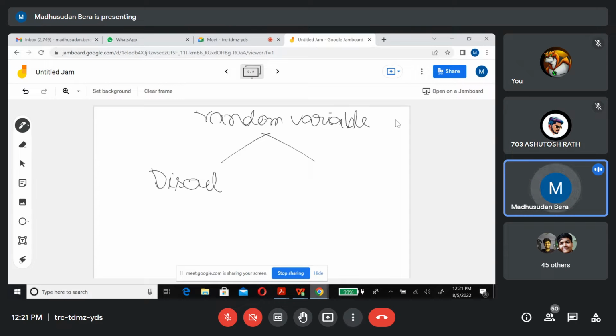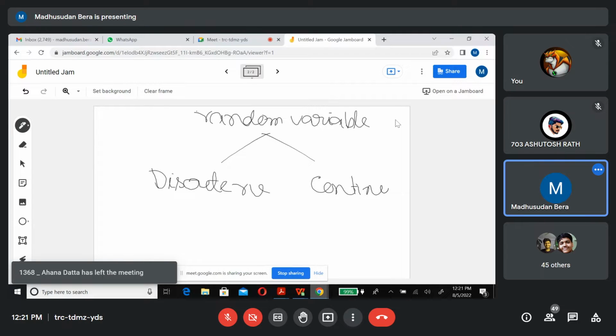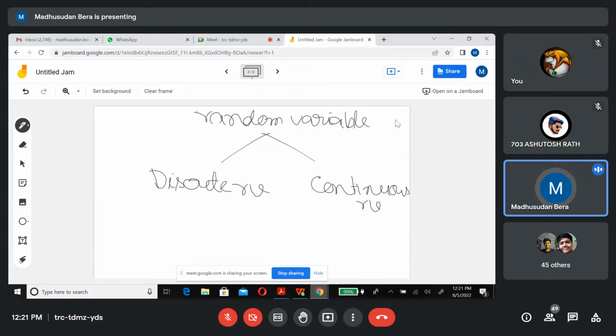Although a mixed type of random variable also exists, meaning some portion discrete and some portion continuous, mainly these two classifications are used: discrete random variable and continuous random variable.